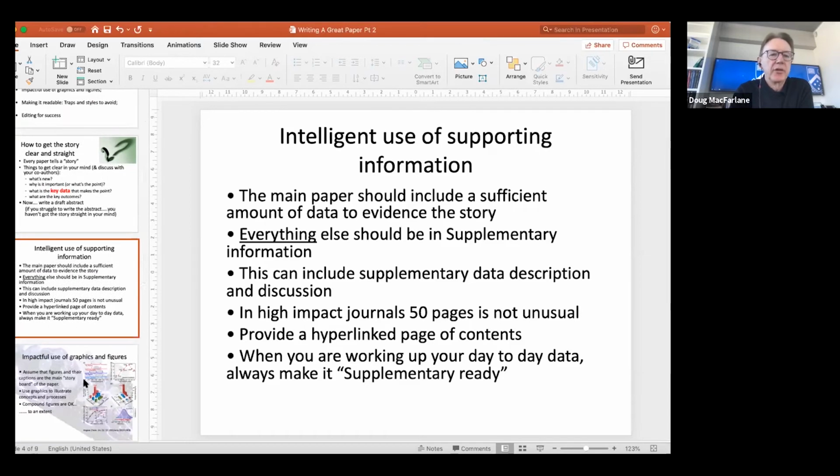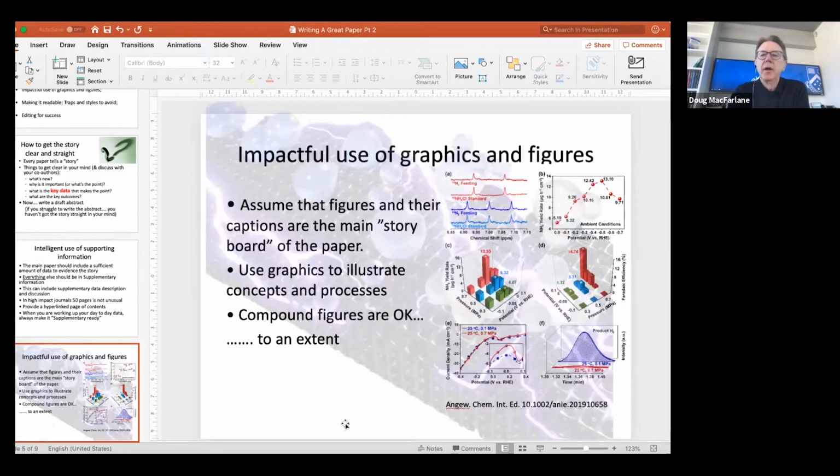Okay, let's go on then to impactful use of graphics and figures. I think we're all becoming more and more visual people as opposed to written word people. And that means that your story, go back to that story at the beginning of our discussion here, needs to be played out by you almost as a storyboard within the graphics and figures and schemes that are part of the paper.